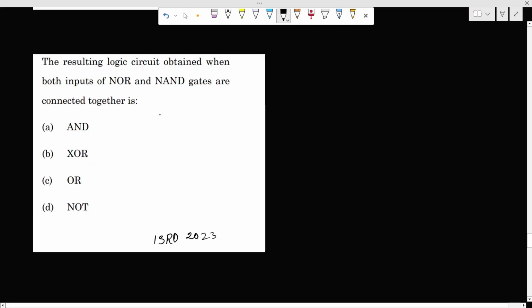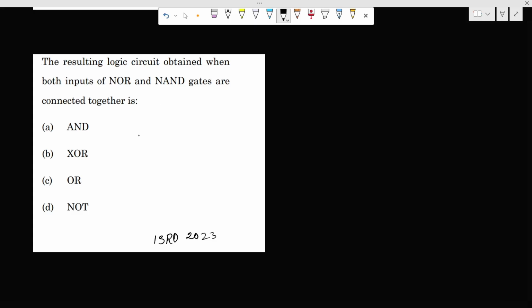So the next question is also a PYQ of ISRO 23. The question is, the resulting logic circuit obtained when both inputs of NOR and NAND gates are connected together. So both inputs are connected together.